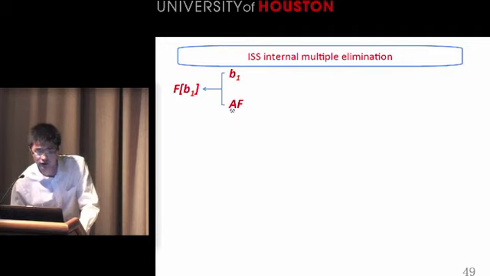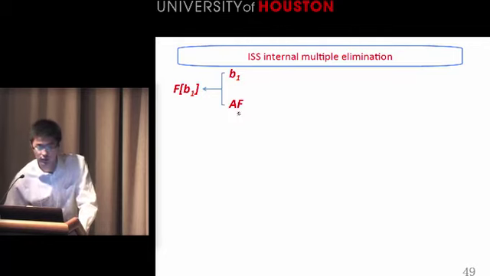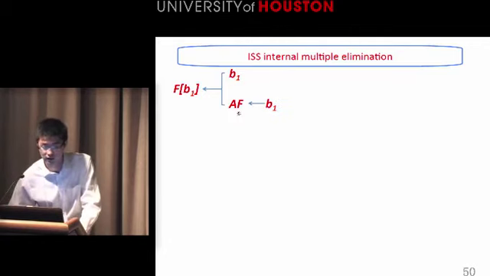So this function should contain two parts: one part is B1, the original integral, and the other is the attenuation factor, which we want to remove in terms of the data. Then I'll show you how we can get this attenuation factor directly in terms of data.